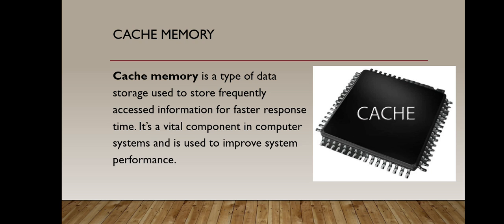It's a vital component in computer system and is used to improve system performance. So this cache memory we see on our screen here stores information or data that are frequently accessed for faster response time and for more efficiency.